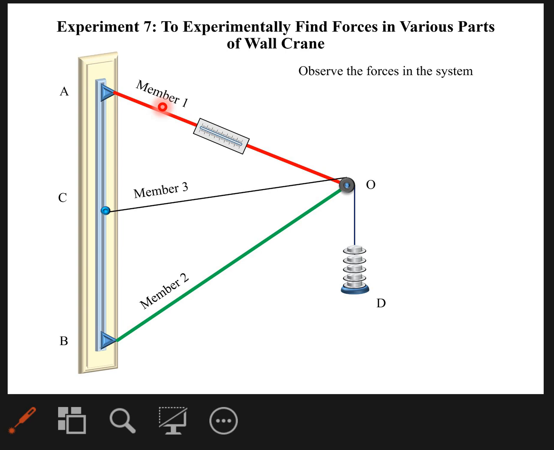Then you have to observe the forces in the system. Let's see how the forces are arranged. We have a weight W hanging from point D because you have attached weights to the pan.